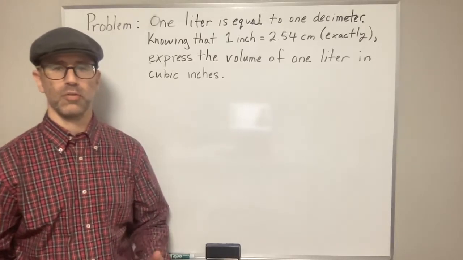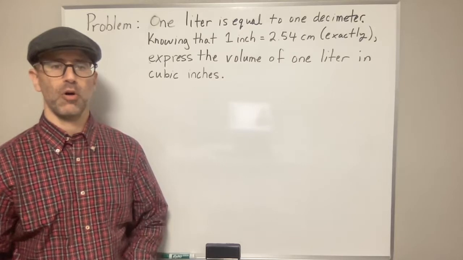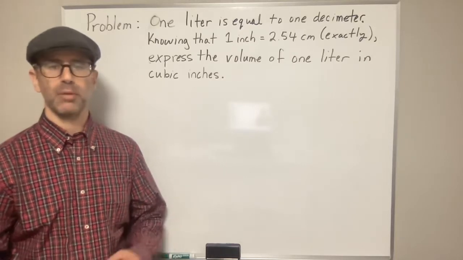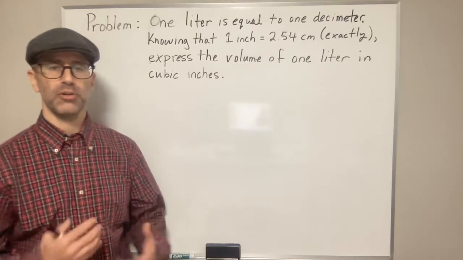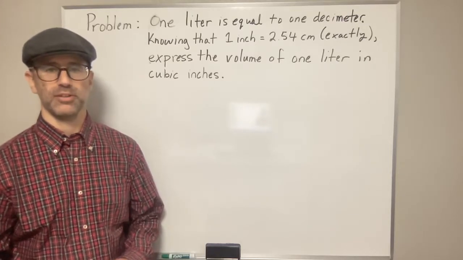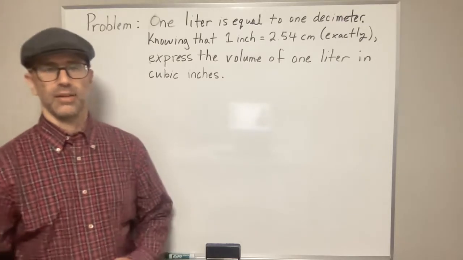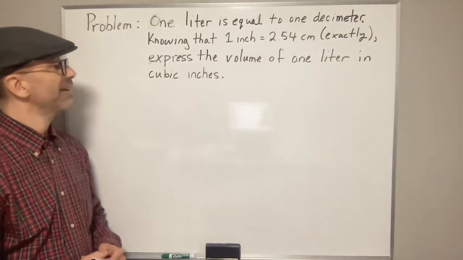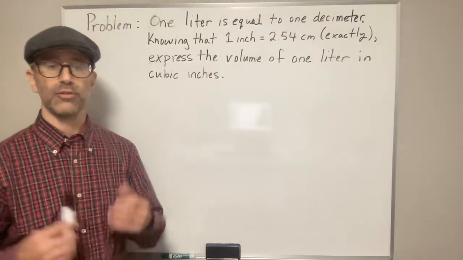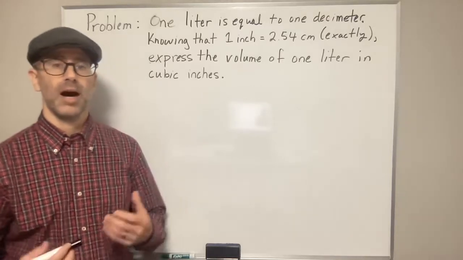My name is Mr. Koval, and in this video I'm going to go over a practice problem involving dimensional analysis where we're going to use measurements and conversion factors. The problem on the board says that 1 liter is equal to 1 decimeter cubed. That's true by definition.